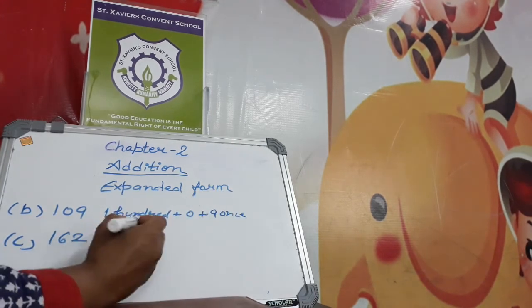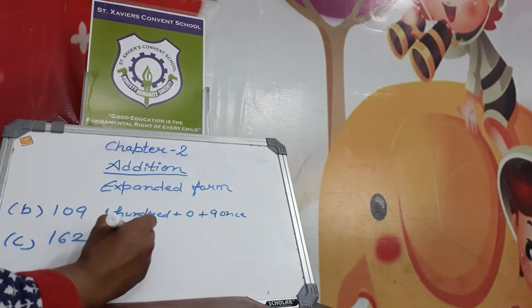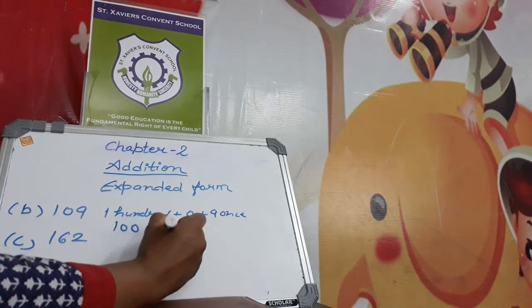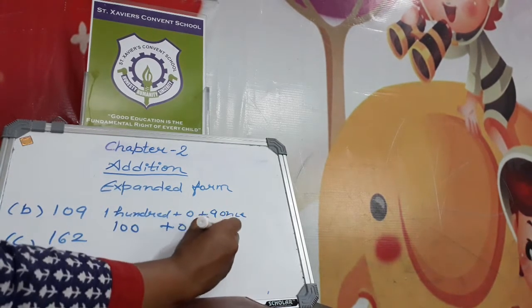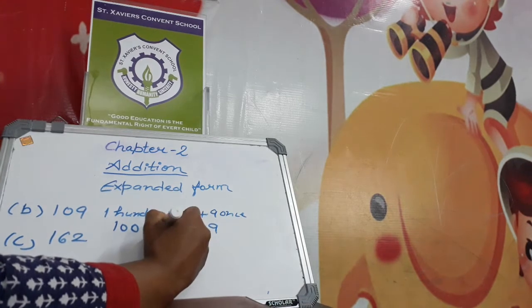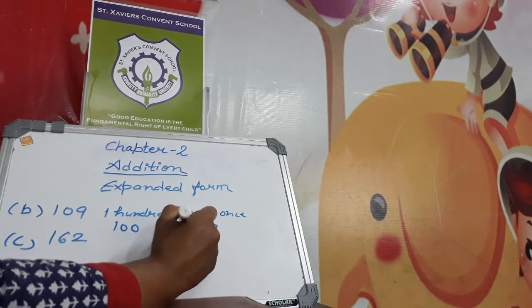And how to write these numbers in expanded form? 100 plus 0 plus 9. Okay, this is the way how to write these numbers.